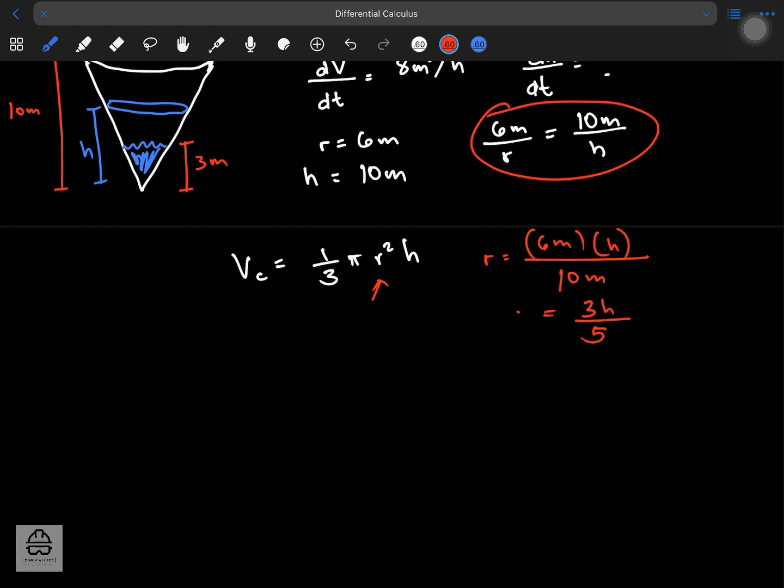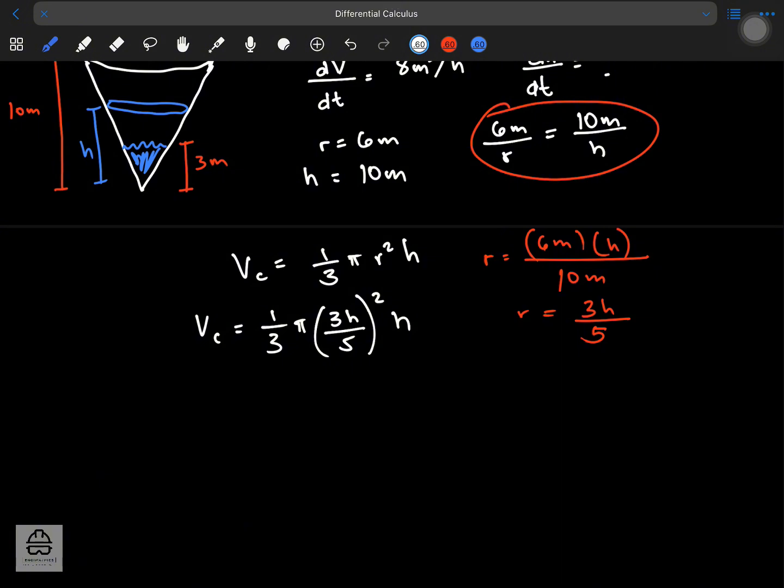So this is the value of our radius. Let's plug it in here in our equation of the volume of a cone. That would be the volume of a cone is equal to 1/3 times pi times 3h divided by 5 raised to the power of 2 times the height.